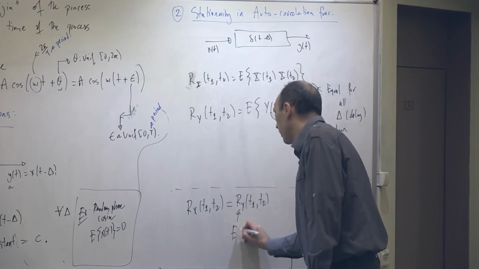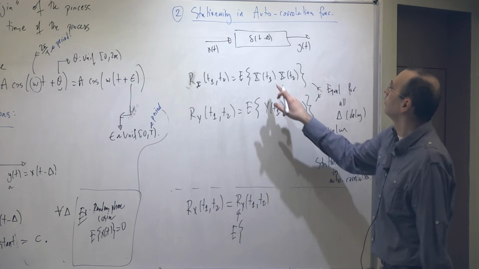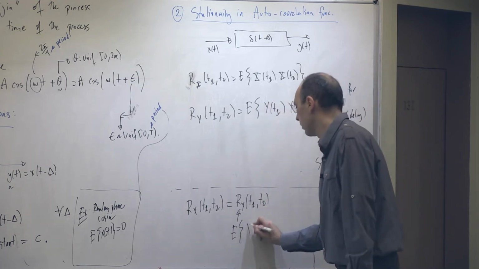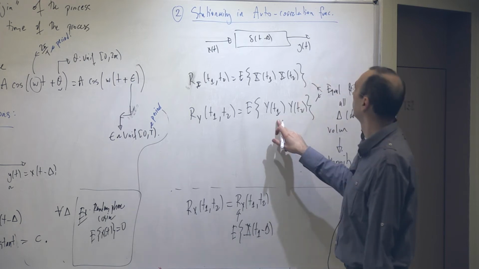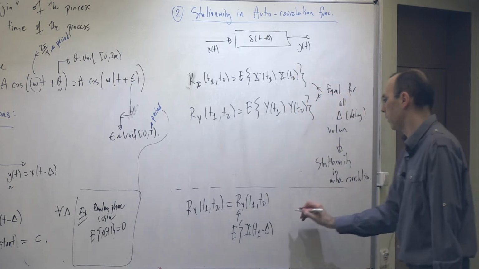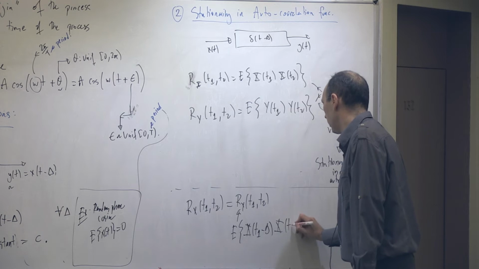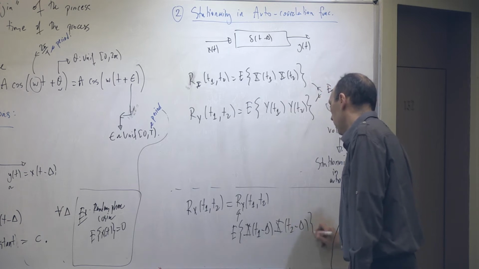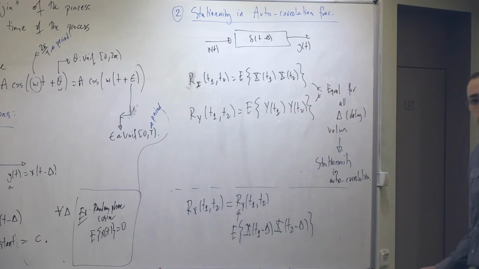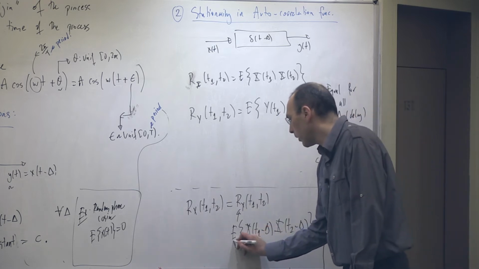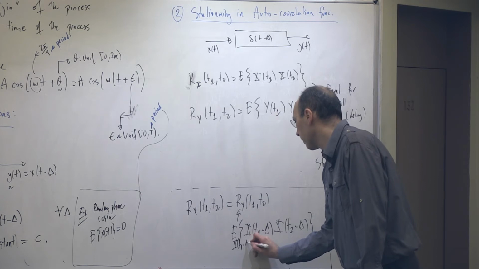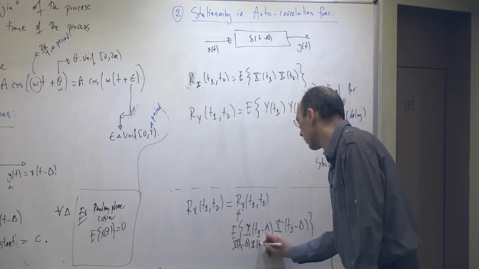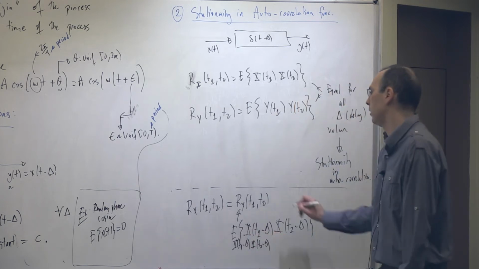But Ry(T1, T2) is, well, Y1 is x(T1 minus delta), because of the delay, times x(T2 minus delta). Am I right? The nice thing about expectations is that now I can take this expectation over the x process. Very easy.